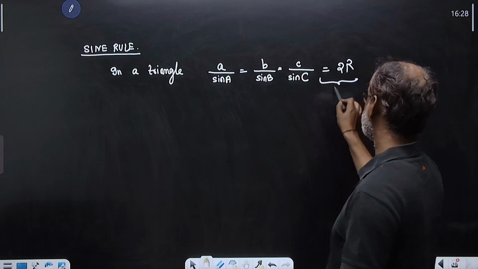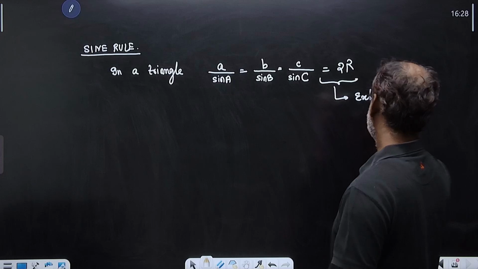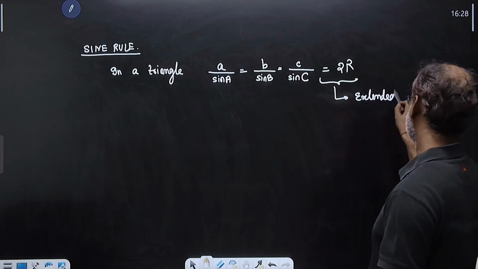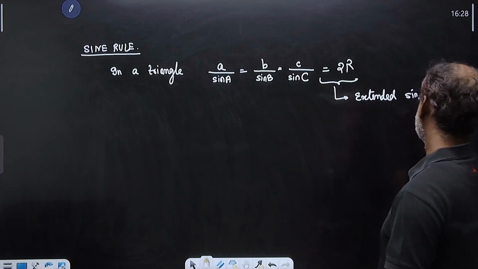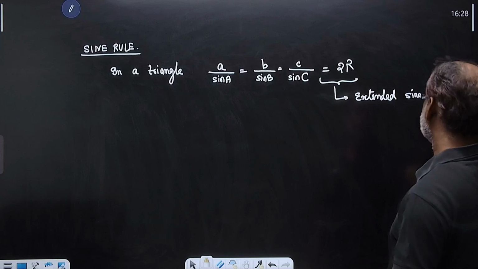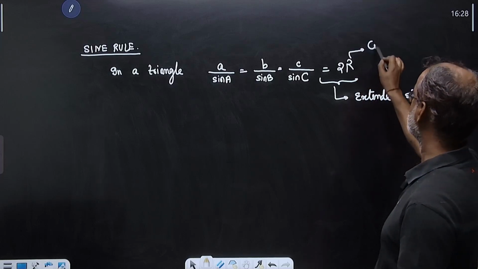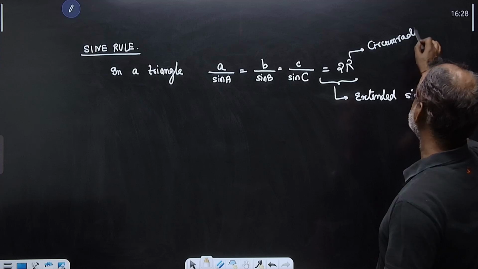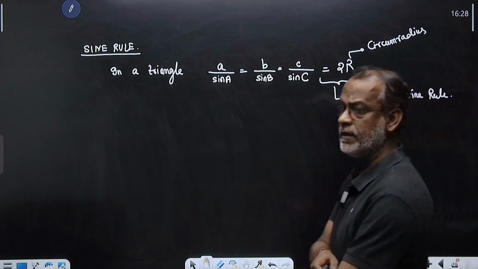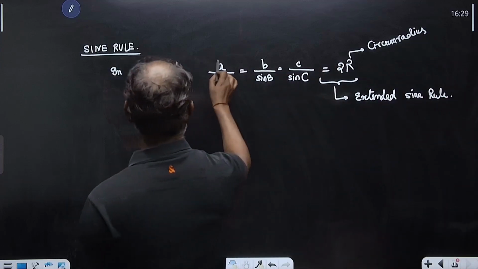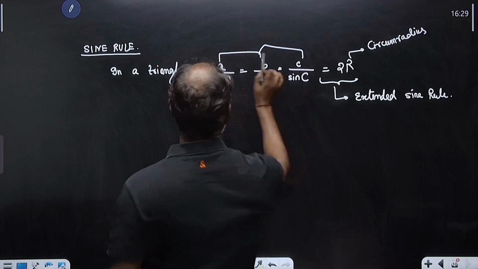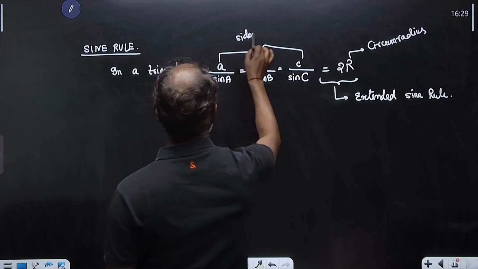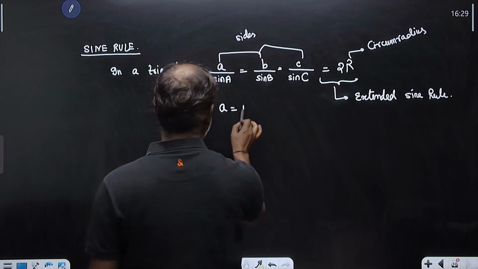This is called the extended sine rule. R is the circumradius. I hope you remember small a, b, c. They represent sides. What is a? a is BC.